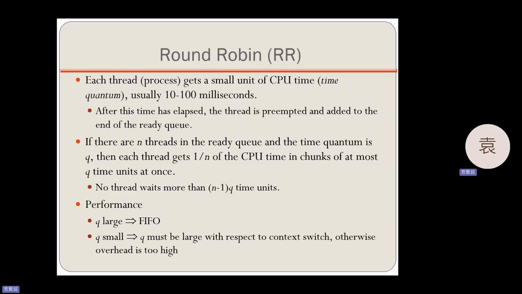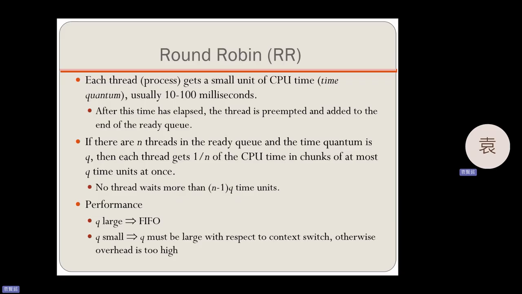Of course, some threads may be suspended prematurely because they issue a system call waiting for IO devices. Then the CPU will be taken back and reassigned to another process. But the maximum waiting time will be less than n minus 1 times q time units.